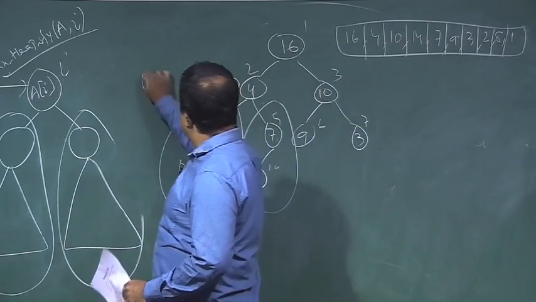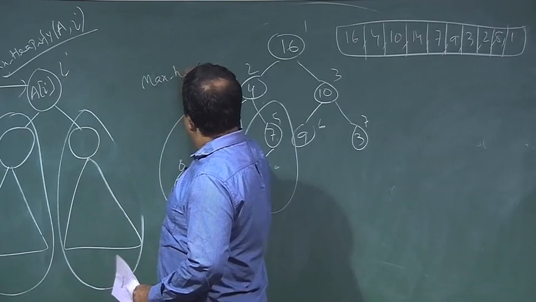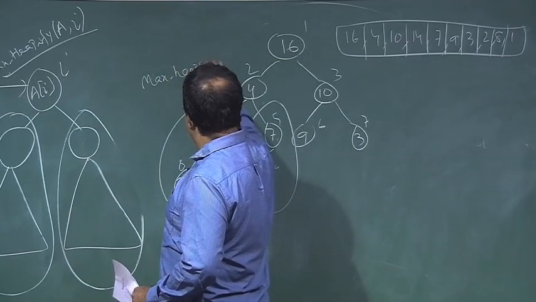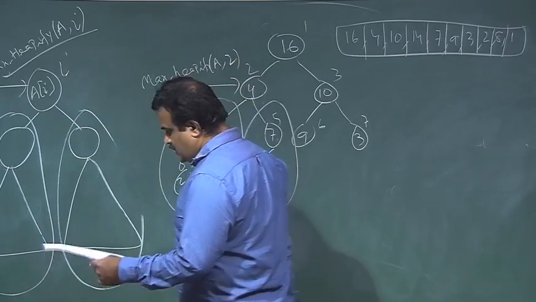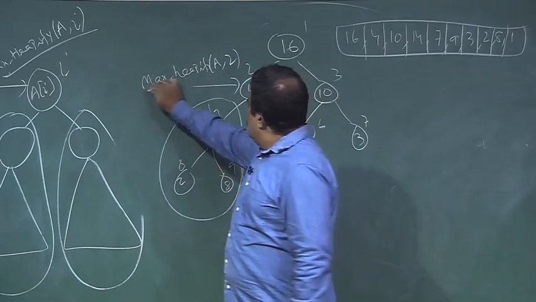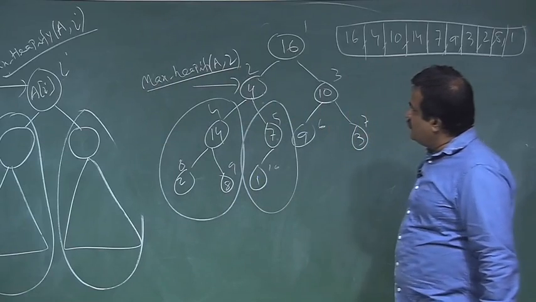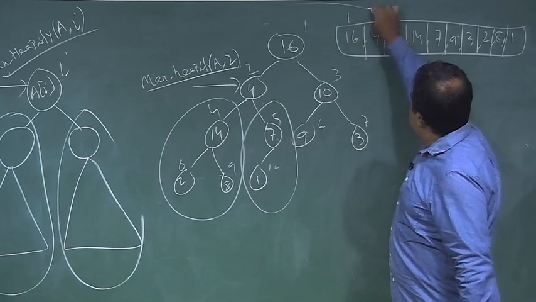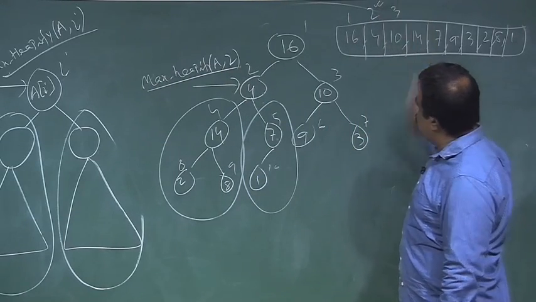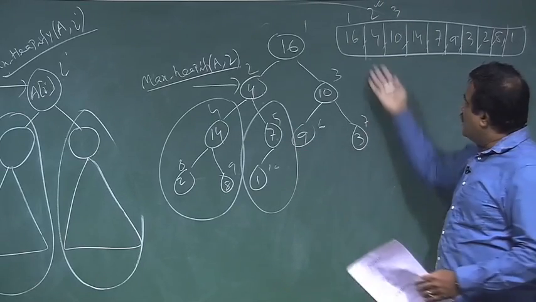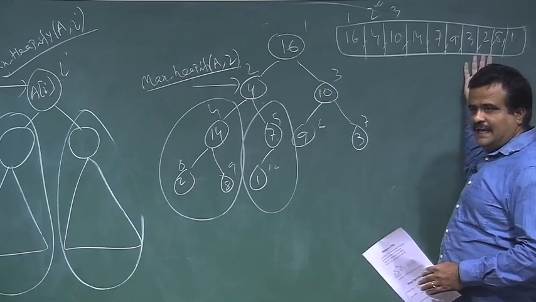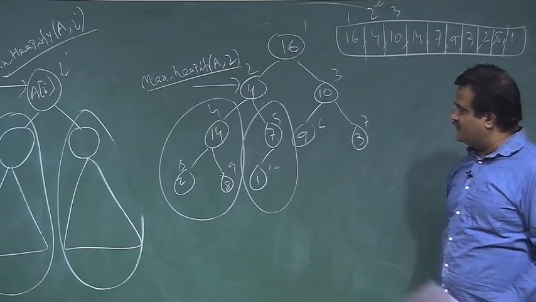So we call max-heapify on A at i equal to 2. We call it at this point, this is 1, 2, 3. Remember, this tree we are just visualizing; mainly we have this array and we can view this array as a tree.